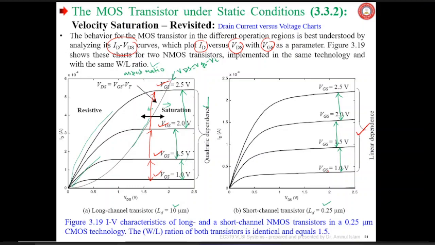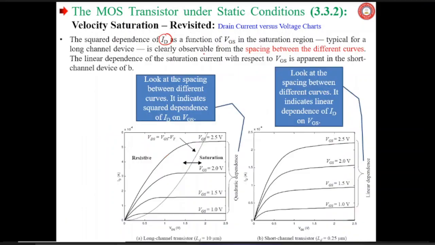The square dependence, that is quadratic dependence, as a function of VGS in the saturation region, typical for a long channel device, is clearly observable from the space between the different curves. The linear dependence of the saturation current with respect to VGS is apparent in the short channel device.